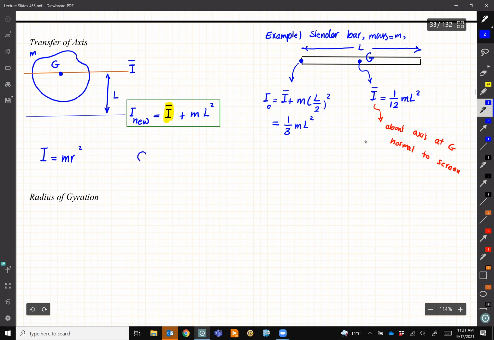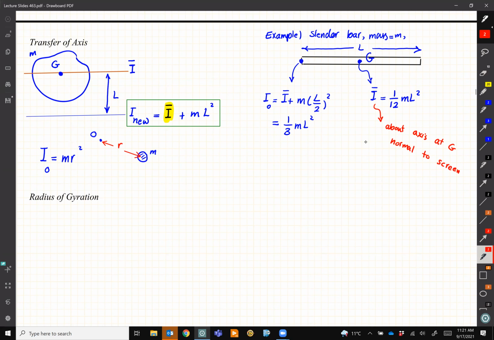For a simple mass, M at point O, and the distance here, call it R. For this simple mass also, you can use this transfer axis because the particle doesn't have any mass moment of inertia.